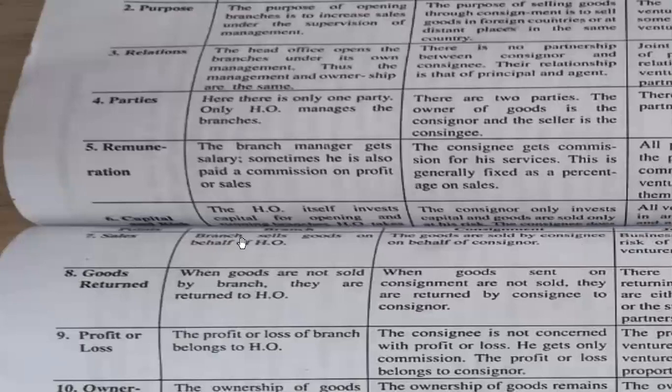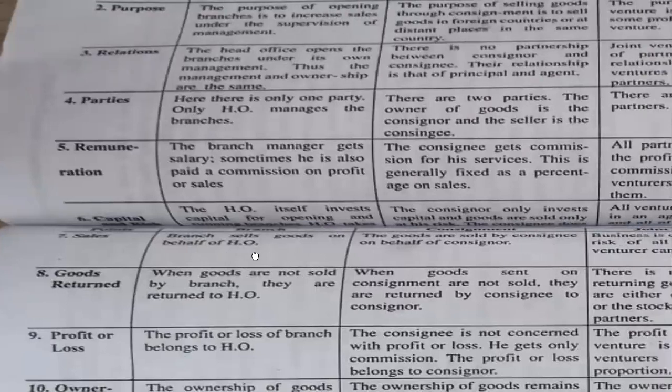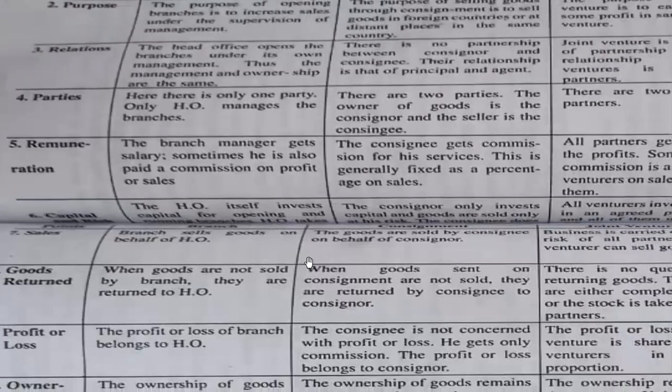Then sales. Branch sells goods on behalf of HO, means head office. Here branches are for just selling the goods on behalf of HO.